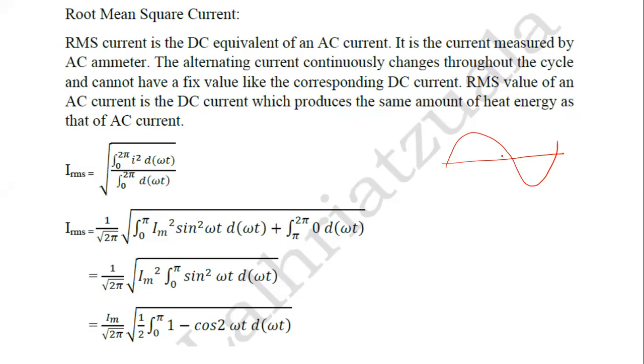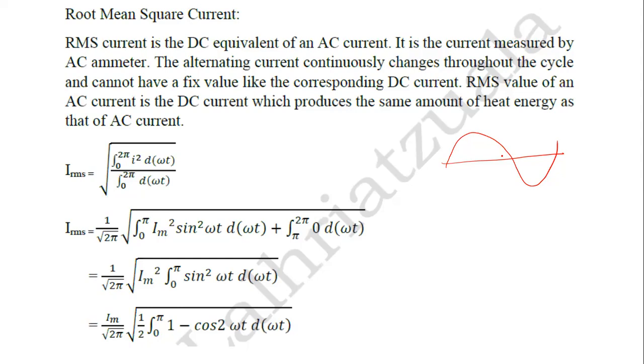So in order to measure an alternating current signal, we use an AC ammeter. What an AC ammeter measures is the root mean square current. An AC ammeter can record the root mean square current of that AC current.